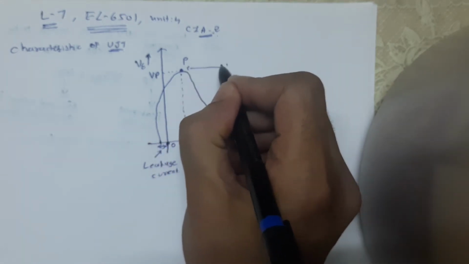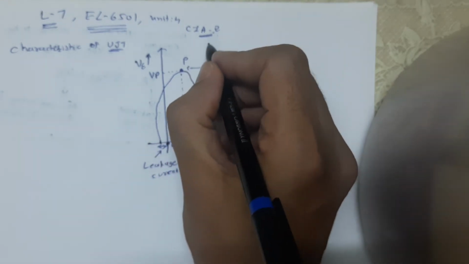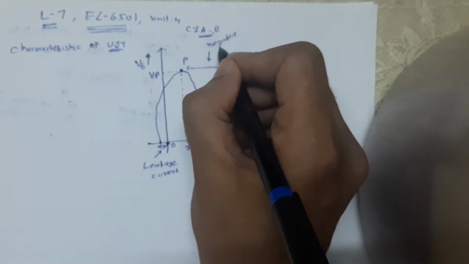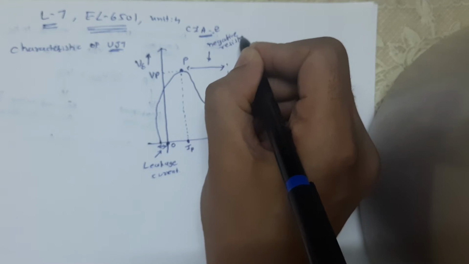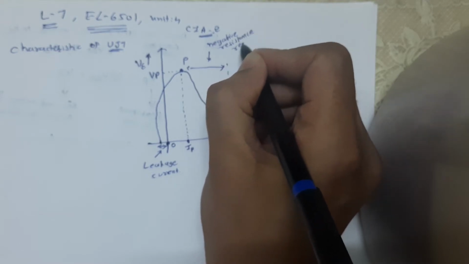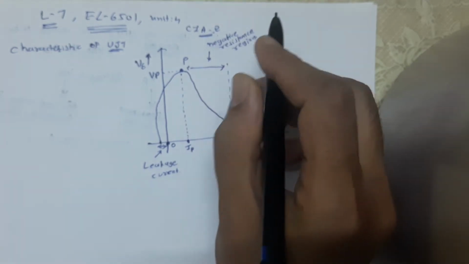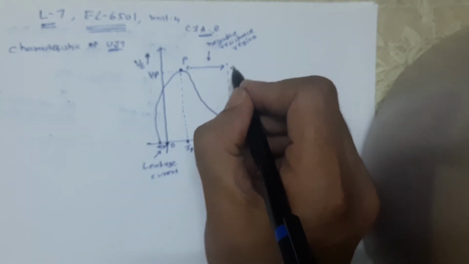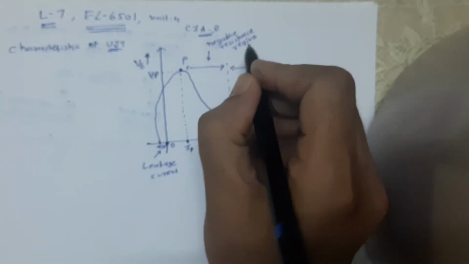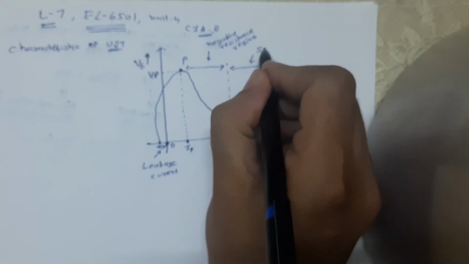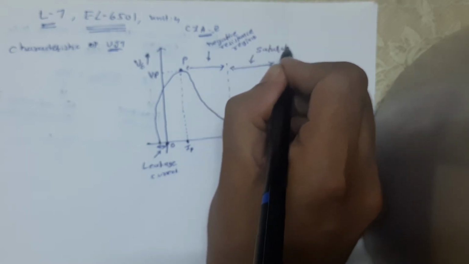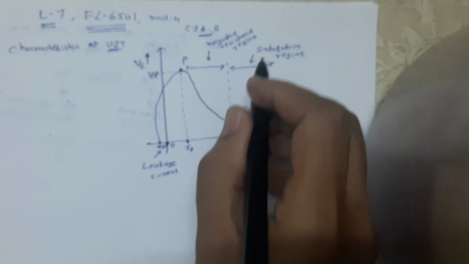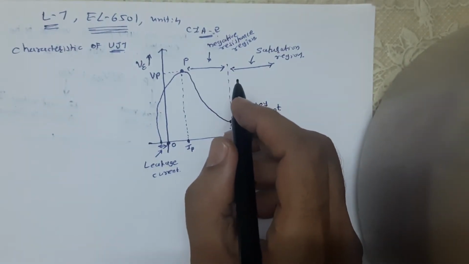This is the region of negative resistance, and after this it is known as the saturation region. That means it is in switched on condition.